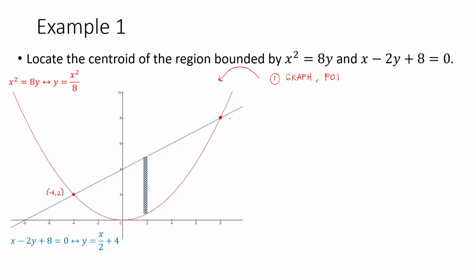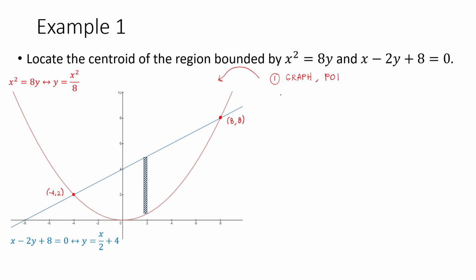Then the other one is 8 and 8. So again, you have to provide solutions for your graph and for your points of intersection. I think I have already discussed this in the first topic on area.